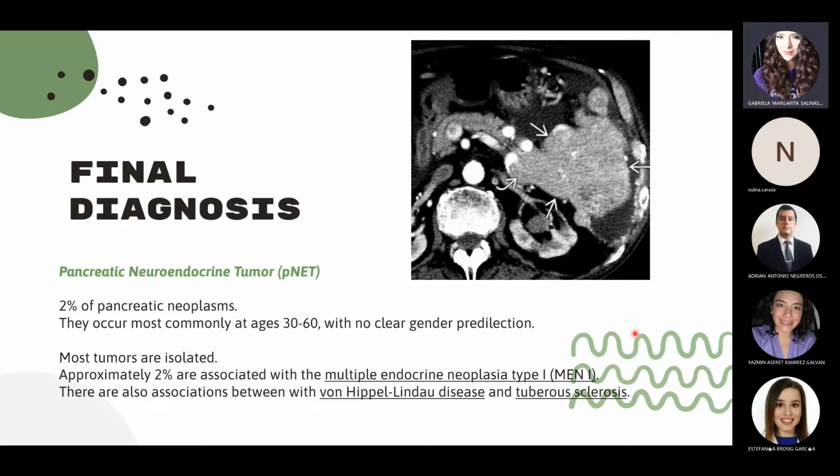And the final diagnosis confirmed by histopathology was a pancreatic neuroendocrine tumor, 2% of pancreatic neoplasms, and they occur most commonly at ages of 30 to 60 years with no clear gender predilection.